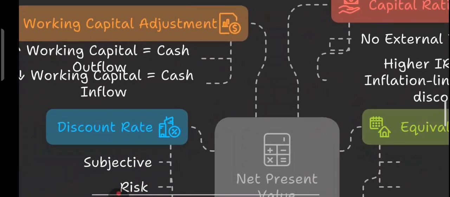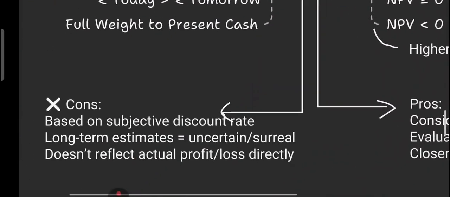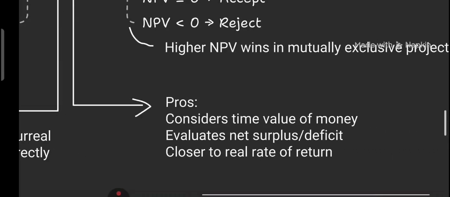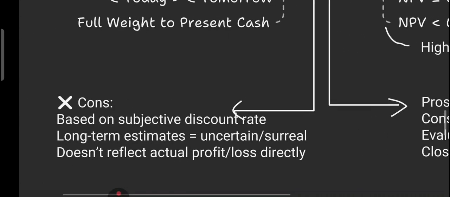Now friends, if we talk about the pros and cons of this NPV, have a look. On the right hand side, we have the pros, meaning advantages. The first advantage is that it captures the time value of money. It reflects the true value, profit or deficit, and it is closest to the real return. And if you look at the cons, meaning disadvantages, there is subjectivity in choosing the discount rate.